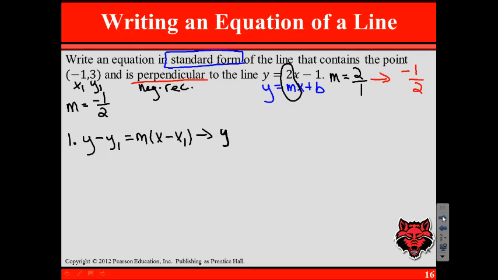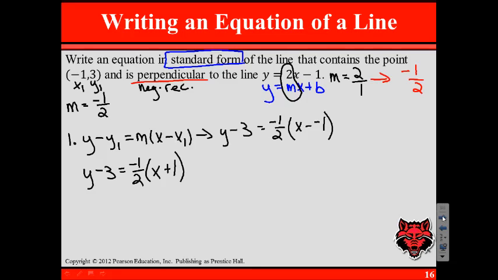That gives us y minus 3 equals negative 1/2 times x minus negative 1. Remember, anytime we are subtracting a negative, we need to rewrite that before we move forward. If you don't, it is very easy to lose one of those negative signs or to have too many negative signs and have a sign wrong in your answer.